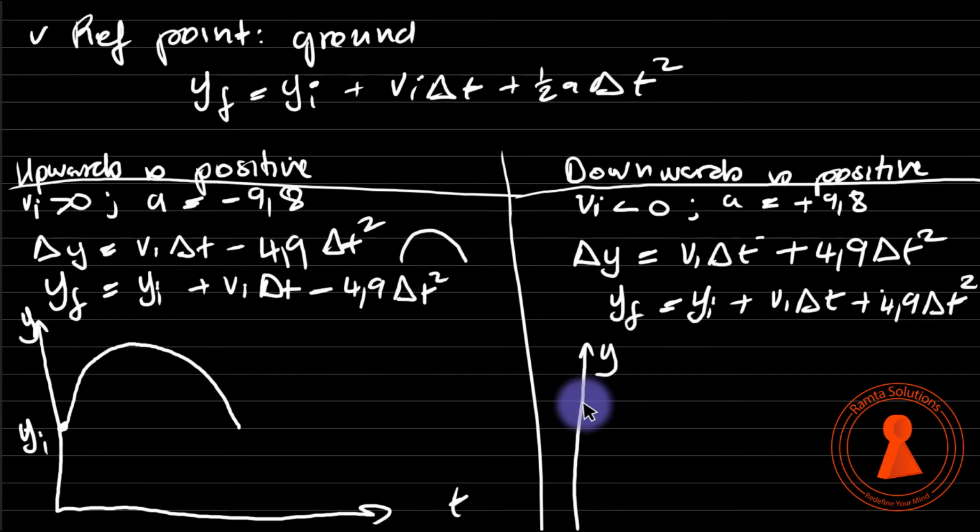Now the case where downwards is chosen as positive. Remember here, it smiles, but this point is above the ground, so above the ground means you're going up, because we said downwards is positive, so it'll be somewhere here.